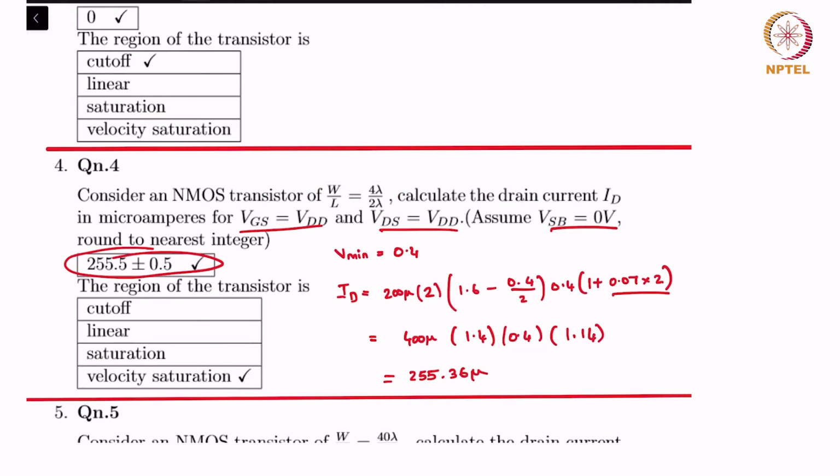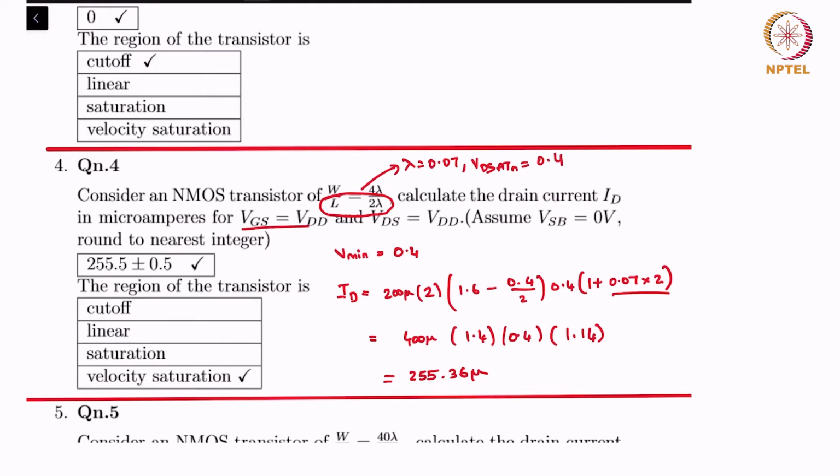So let's look at the fourth question. In it, we have that W by L is 4 lambda by 2 lambda, which is equal to 2. So the channel length L of 2 lambda means it's a short channel device, which means that lambda equals 0.07 and VDSAT n is equal to 0.4.